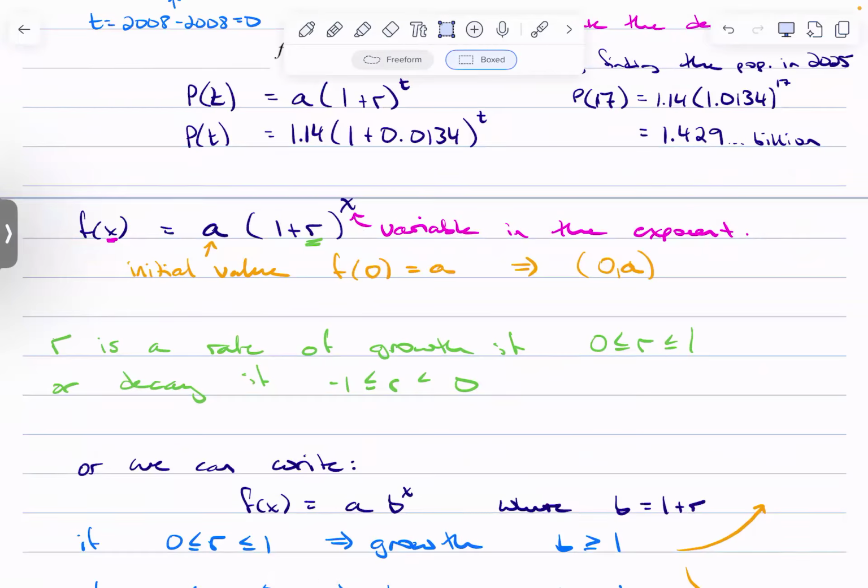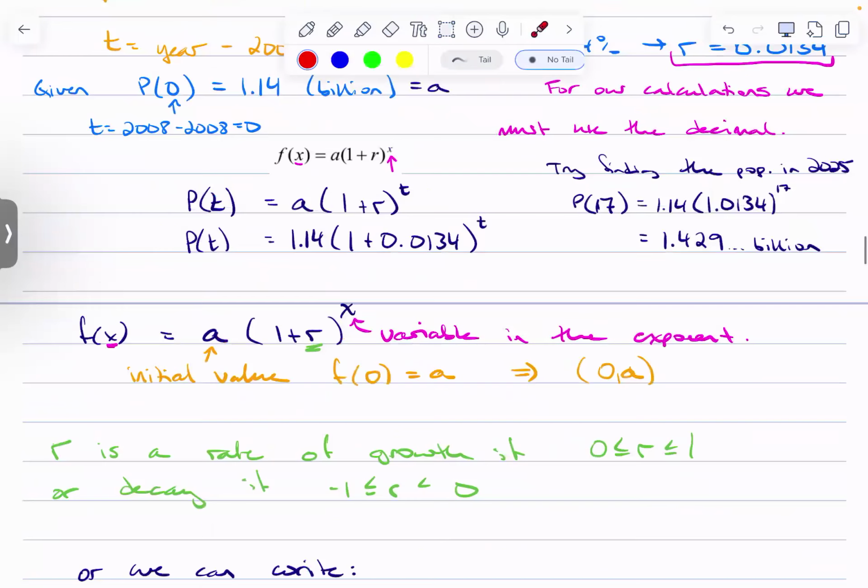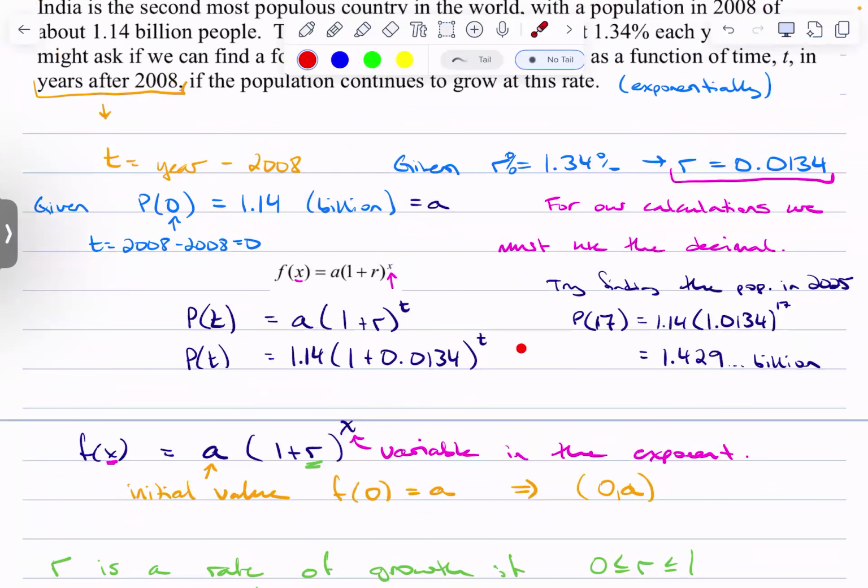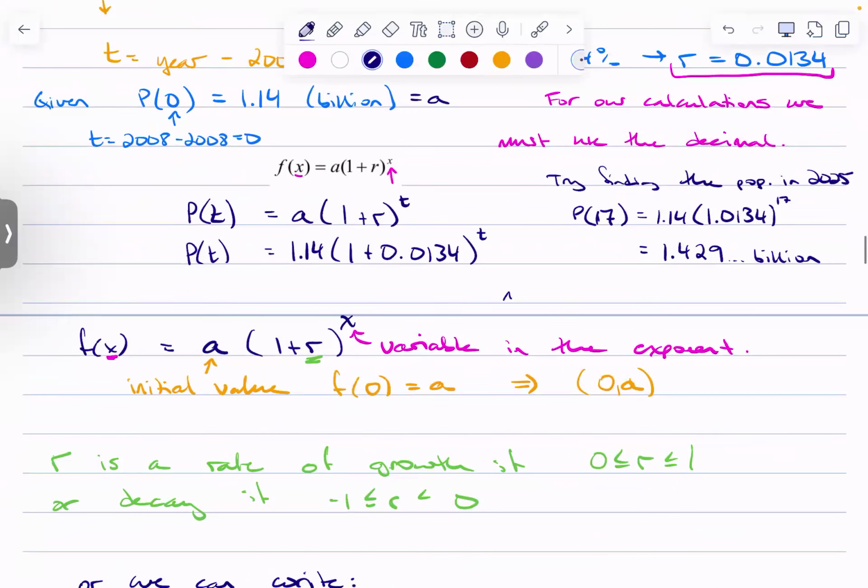So what we've seen, any questions about this one? I'll make a note. In 2024, P of 16 was actually, what was it, 1.451 billion?